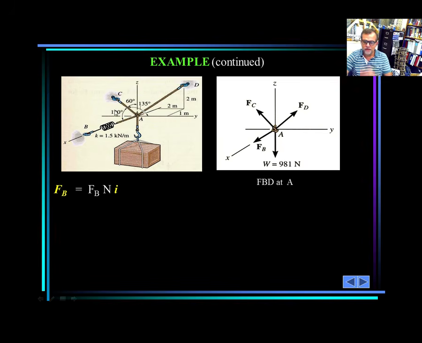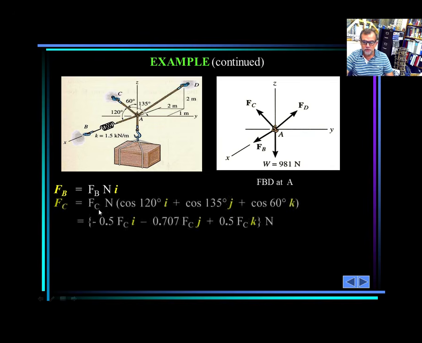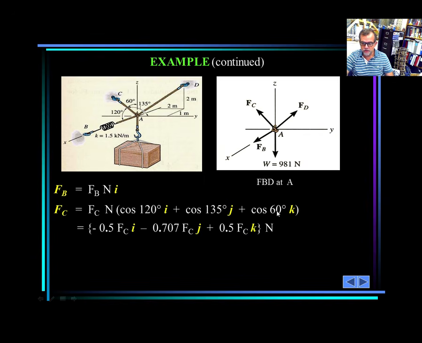What is the unit vector for this force? The unit vector for this force will be cosine alpha I, cosine beta, in this case 135, J, and cosine gamma, which is cosine of 60, K. What is the magnitude of the force C? I don't know it. That's one of my unknowns. But I can express that as the magnitude of FC multiplied by the unit vector that I just described to you. Cosine alpha, cosine beta, cosine gamma, and that can be simplified to this one.